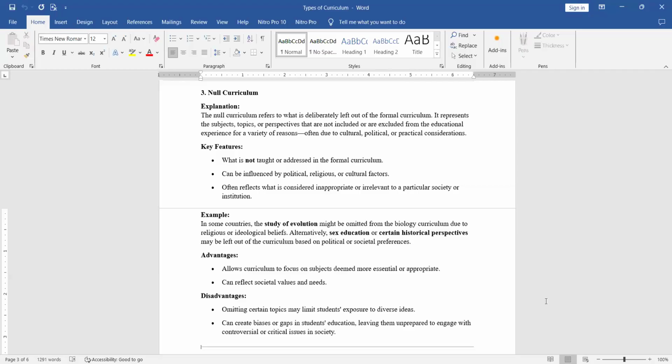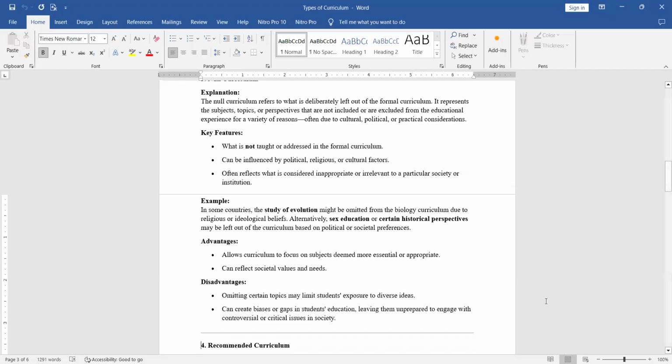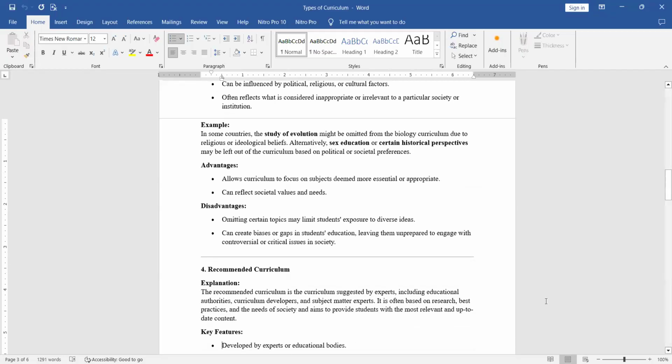As for disadvantages, omitting certain topics may limit students' exposure to diverse ideas and can create biases or gaps in students' education, because sex education, sexual orientations, rights, women's rights, human rights, are not taught to them, right? So these are purposely left out.